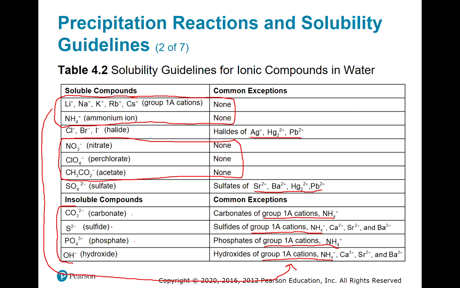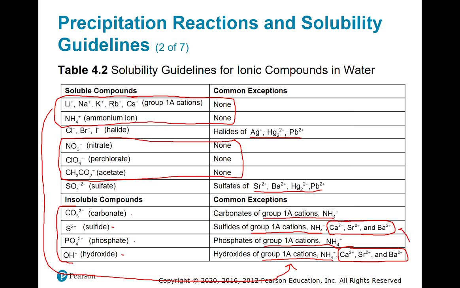For sulfides and hydroxides, there are a few exceptions, but those exceptions are actually just the alkaline earth metals that form strong bases with hydroxide ions. Remember how I told you calcium hydroxide, strontium hydroxide, and barium hydroxide were all strong bases? If you can remember that, that helps with remembering some of these solubility rules as well.